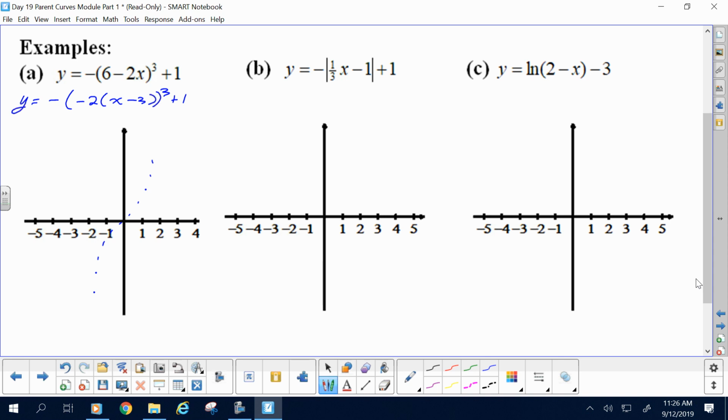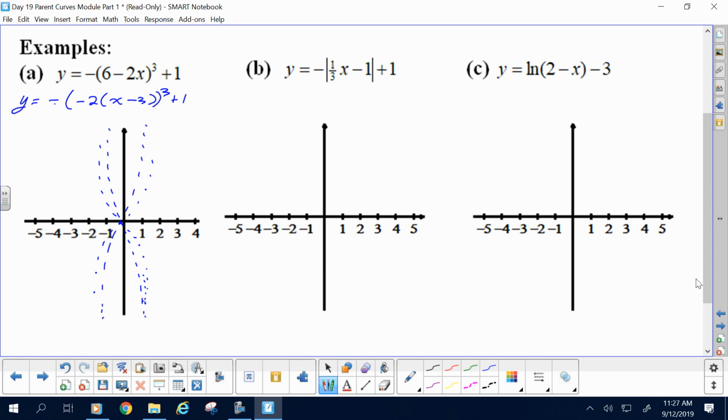If it's a negative, it reflects. How does it reflect if it's on x? It reflects it sideways. What does the 2 do? It's a squish, so it's even more narrow. Then what does that negative do? Reflects it down, so now it's back to this kind of shape.